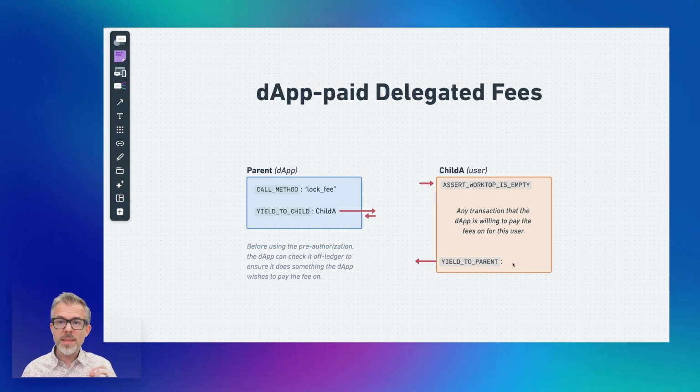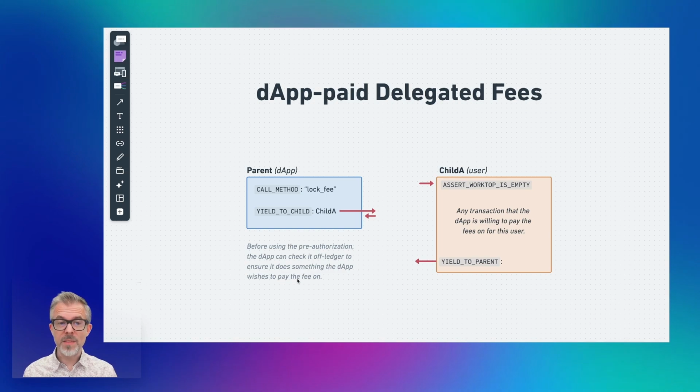But when they sign it, they're passing it back to you. And your application can observe that subintent and go, okay, I see what you've signed here. Yep, that is actually what I want you to do. That is what I want to pay the fee for. And now your application can wrap it in a parent, which locks the fee. And all you do is you lock the fee, you pass the transaction over the subintent, and that's all that happens.